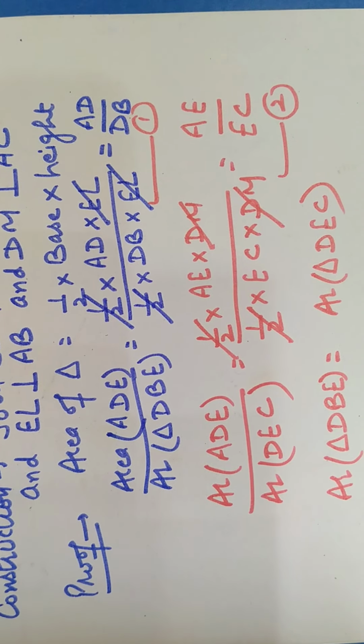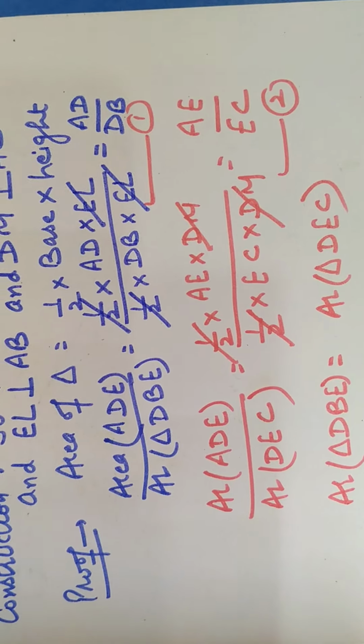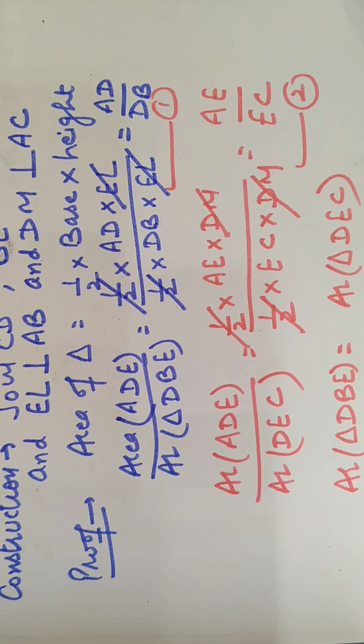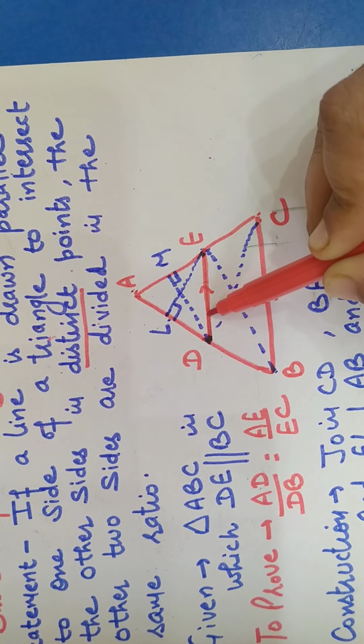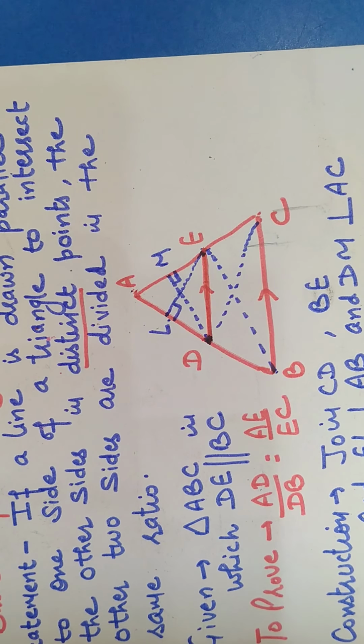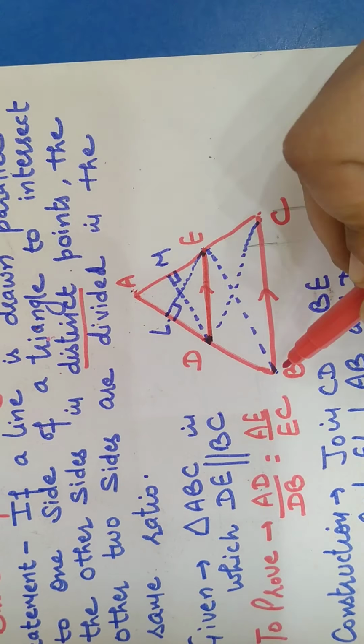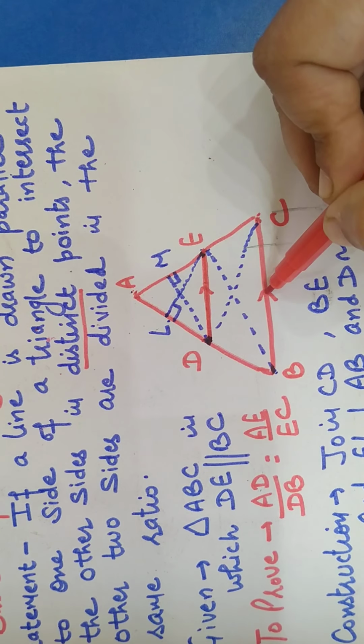Why is it so? We have done in 9th class, whenever there are two triangles lying on the same base and between the same parallel lines, the areas of those two triangles remain the same. Now there are two triangles DBE and DEC. Both lie on the same base DE, as well as both lie between two parallel lines.